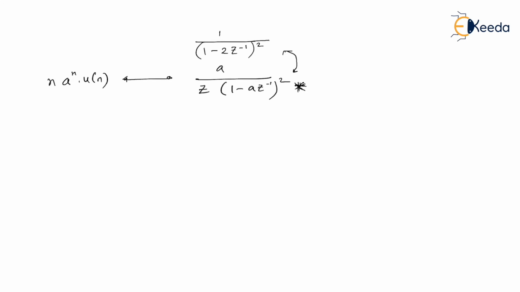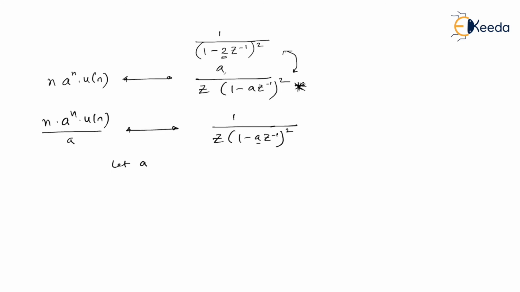If you see, in the above expression the numerator is 1 and here the numerator is a, so let me shift that a to the left hand side. So what I'll get is n into a to the power n u of n whole divided by a, and now this is equal to 1 upon z into 1 minus a z inverse square. Is that right? Now if you compare the value of a over here, it is 2.